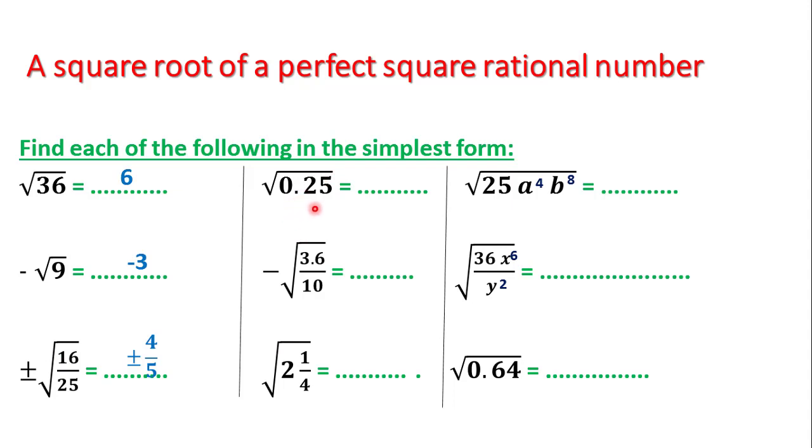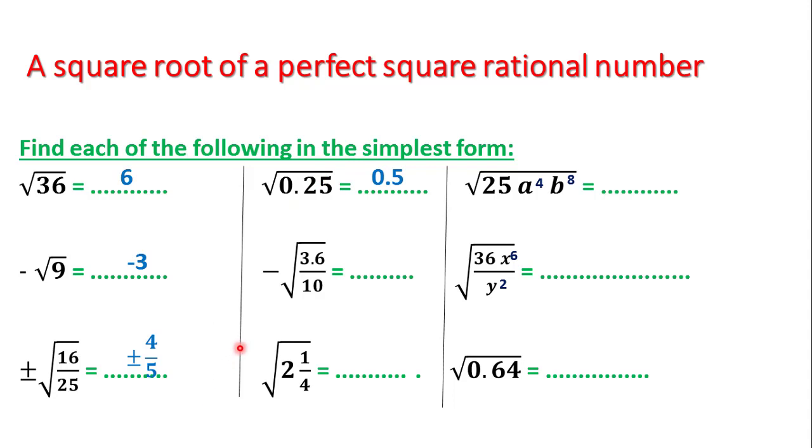Here we have 0.25. 0.25 means 25 over 100. Root 100 is 10 and root 25 is 5. So we have 5 over 10, and 5 over 10 is 0.5.